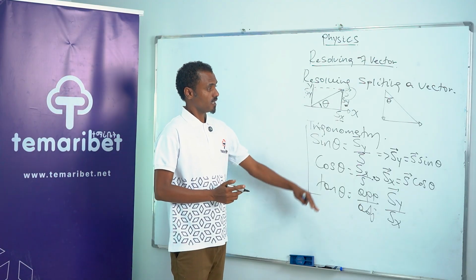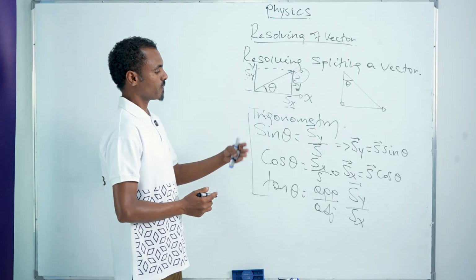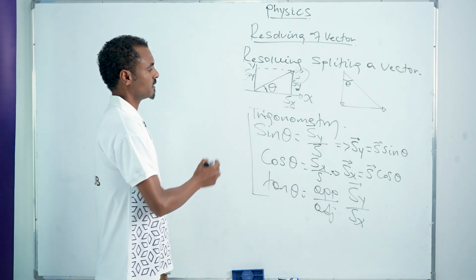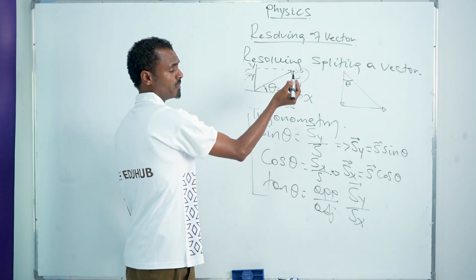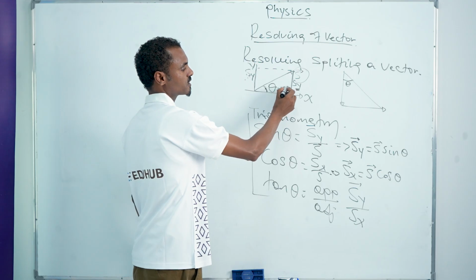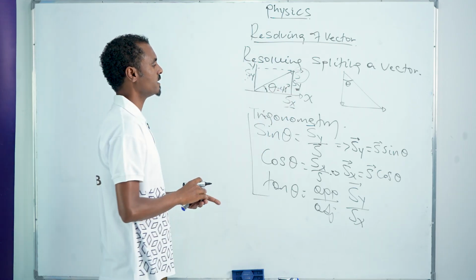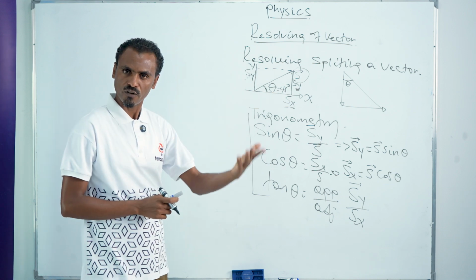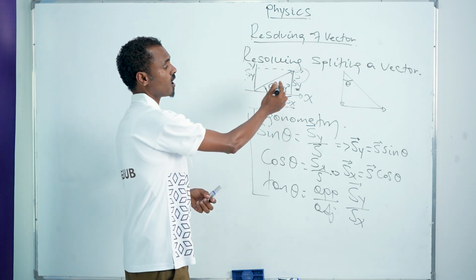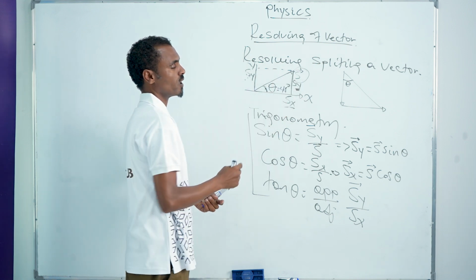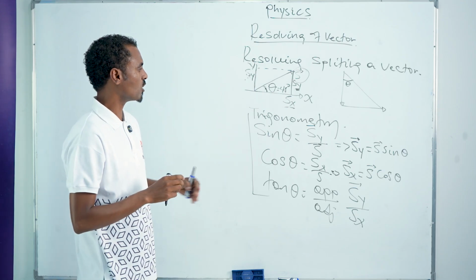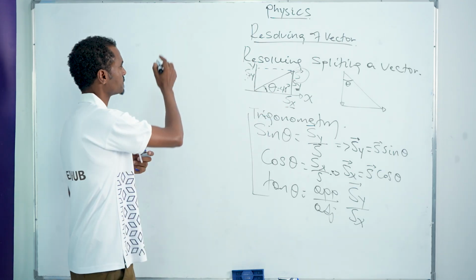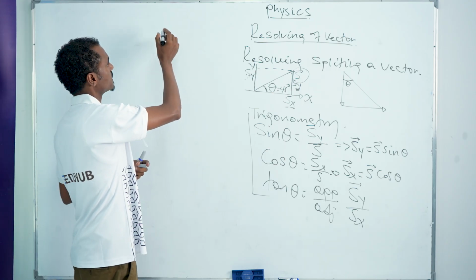So now it is possible to represent Sy and Sx with theta. Maybe theta is 45 degrees. Your angle between the resultant or the displacement and the x-axis is 45 degrees. So how can you determine S in the y, the root vector in the y, and the root vector S in the x, or the resolved forces? Displacements.